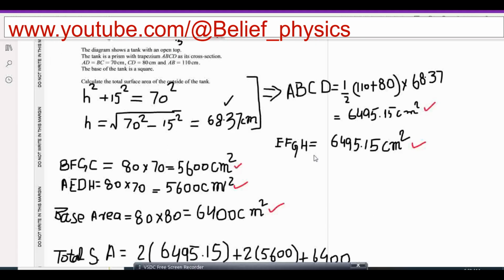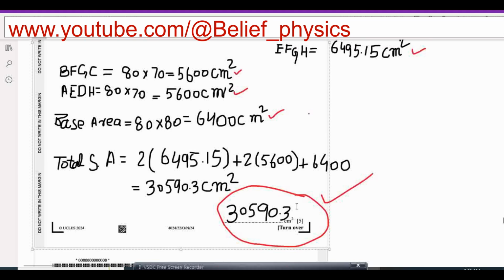Now the total area will be equal to the sum of all these areas: 6495.15 plus 6495.15 plus 5600 plus 5600 plus 80 into 80, which is 6400. So when we add them, the area comes out to be 30,590.3 centimeters square. So this is the total area of the given figure.